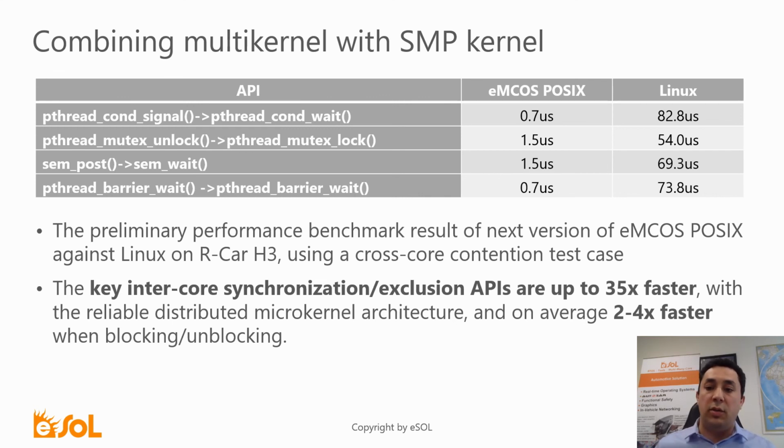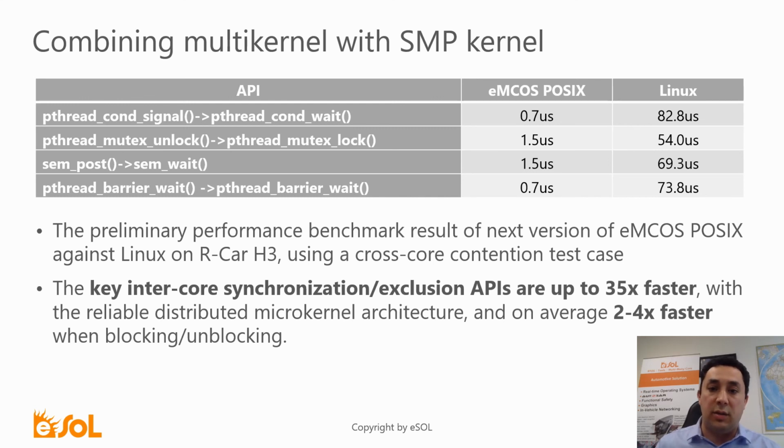The performance of AMdahls POSIX can be 2 to 4 times faster on average and go up to 35 times faster in specific cases. In the situations we have measured, this performance is always as good as Linux or significantly better. This is the execution from an API perspective.